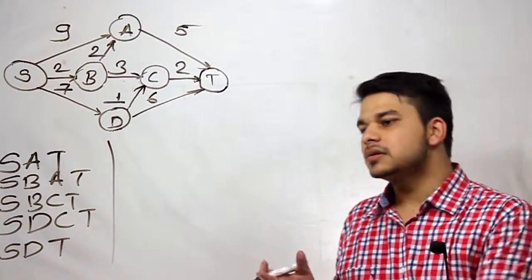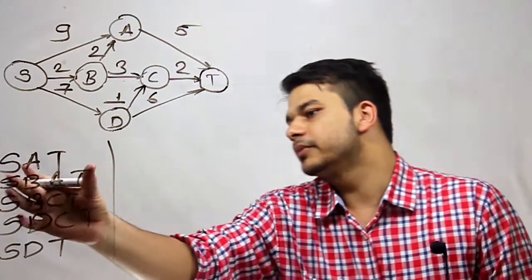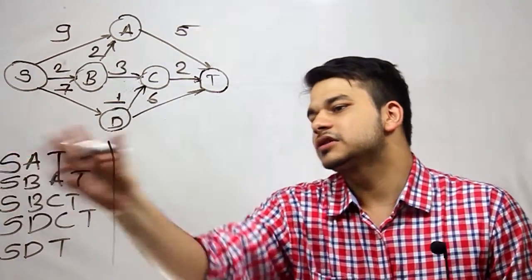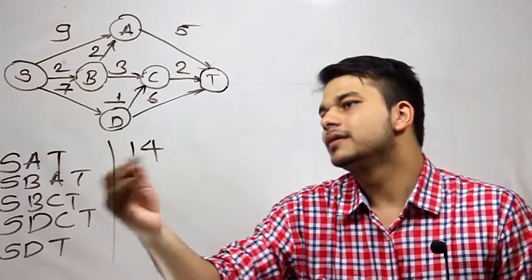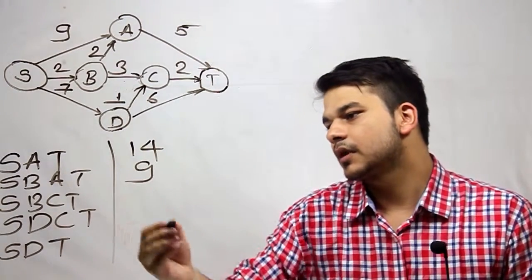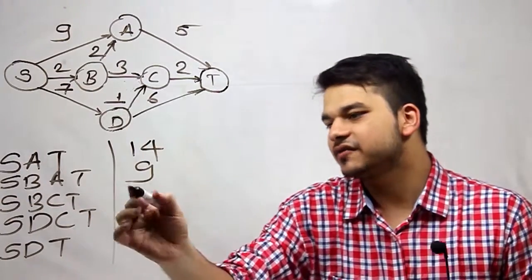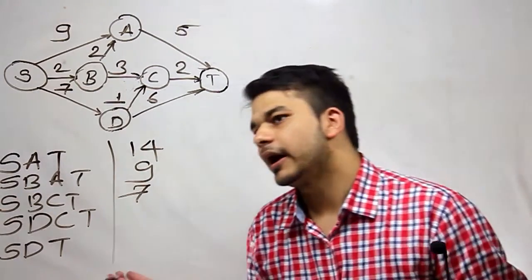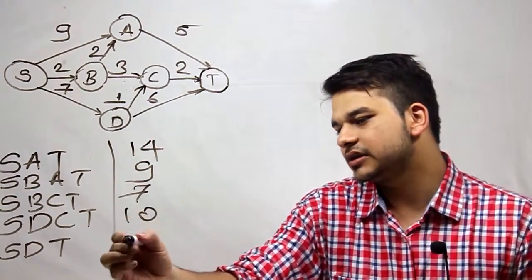Again, just like the last problem, we have this cost as 14, this as 9, in SBCT we have 7, SDCT will be 10 and this will be 13.